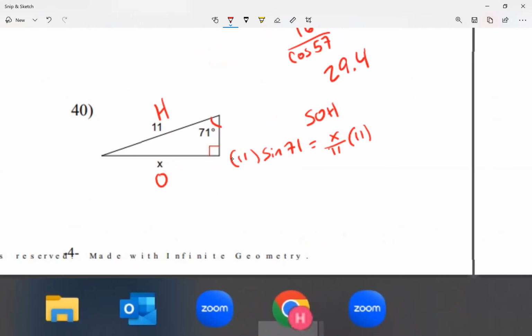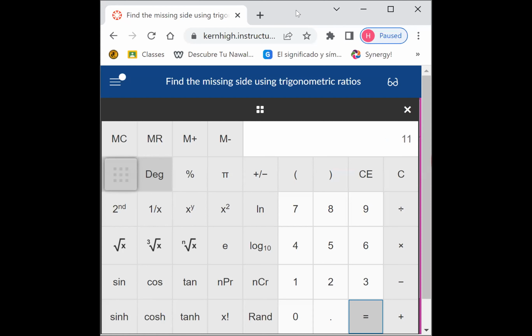So I have that 11 times sine of 71 is equal to x. All right, let me grab my calculator. Eleven times sine of 71 is equal to 10.40. So I'm going to call that 10.4.